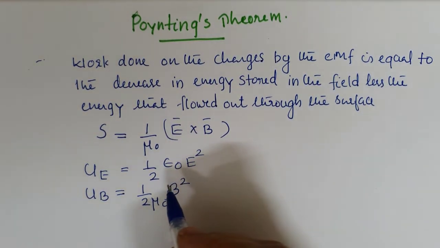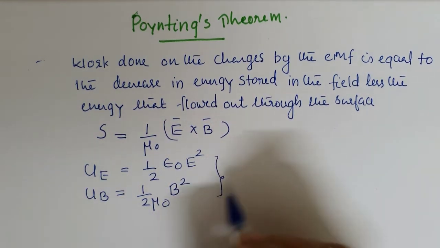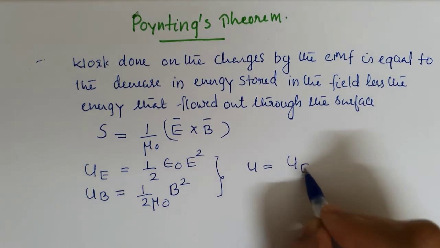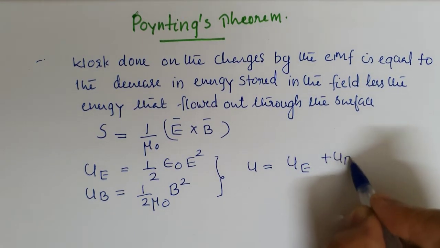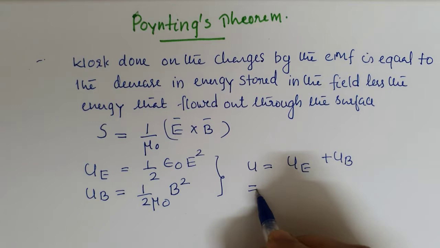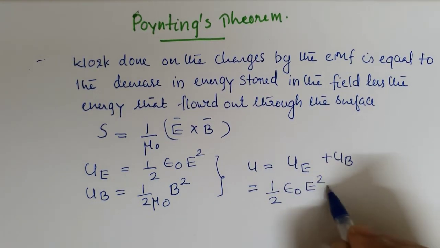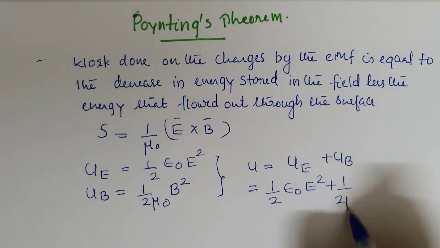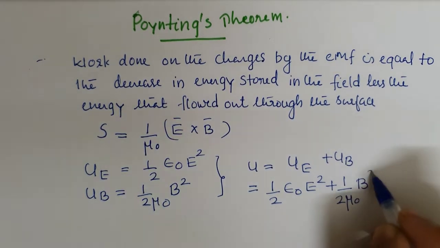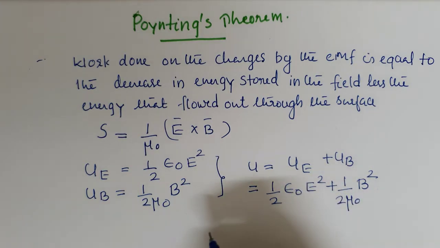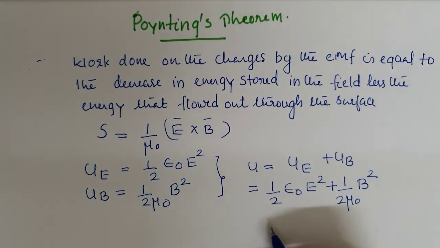Therefore, the total energy stored in an electromagnetic field is U equals UE plus UB, or half epsilon 0 E square plus 1 by 2 mu 0 B square. This is the total energy stored in an electromagnetic field.